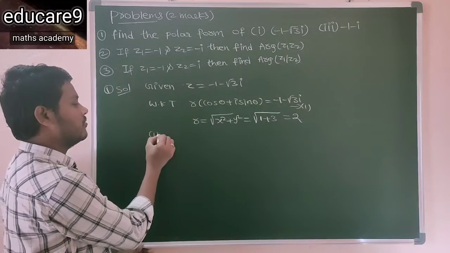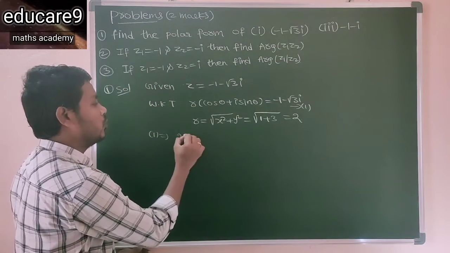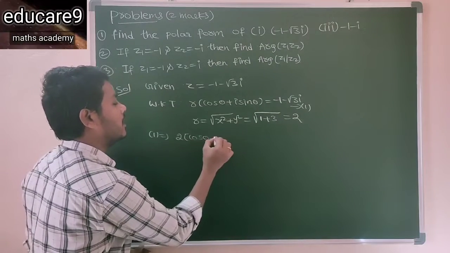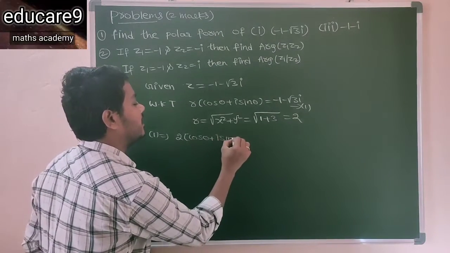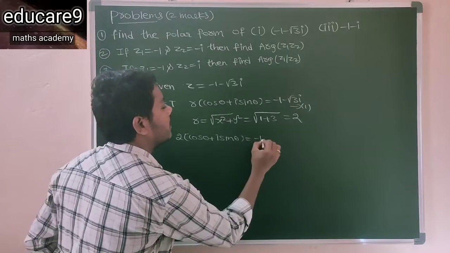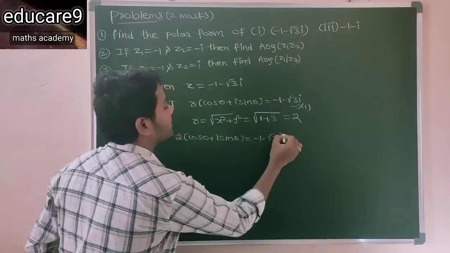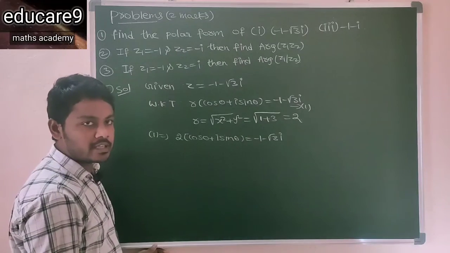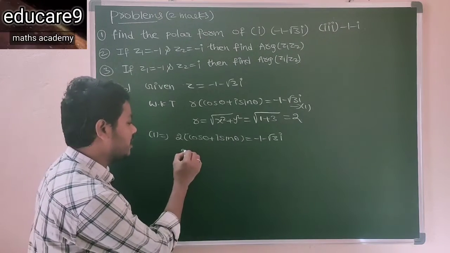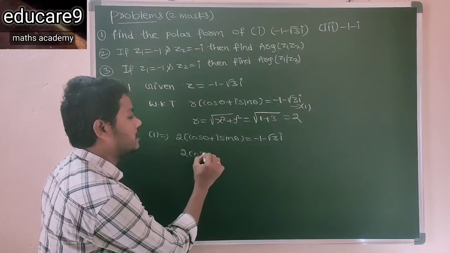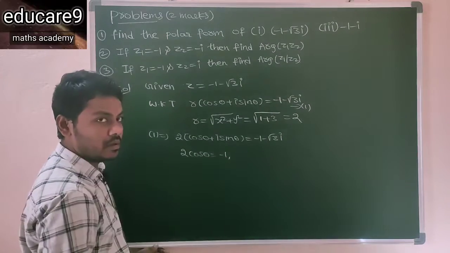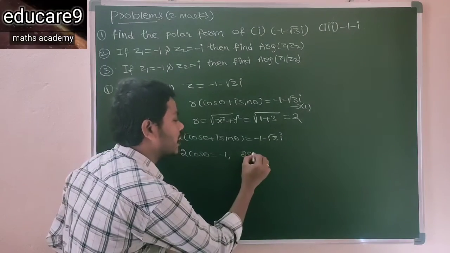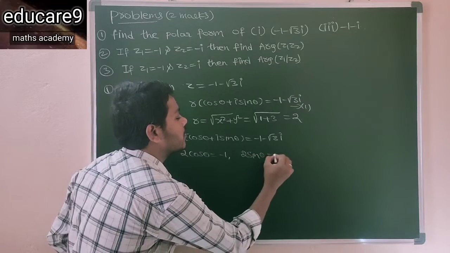So now equation 1 implies 2 into cos theta plus i sin theta is equal to -1 minus root 3i. So now we are comparing both the real and imaginary parts. So what you get? 2 cos theta is equal to -1 and 2 sin theta is equal to minus root 3.